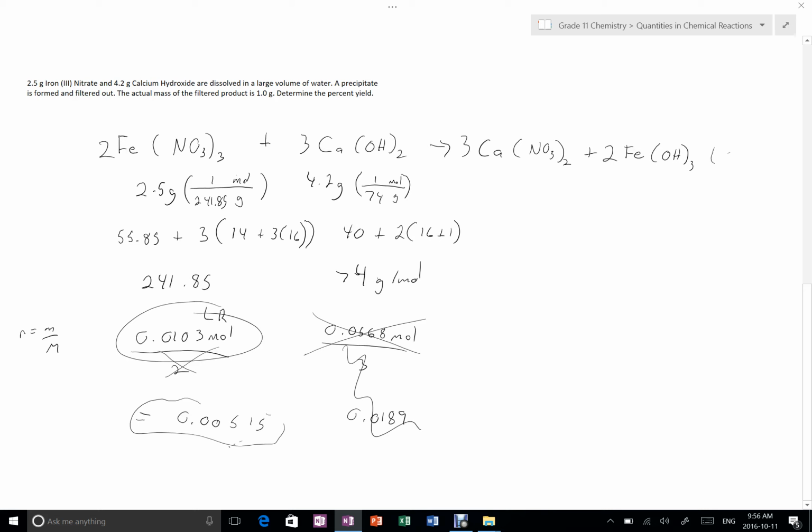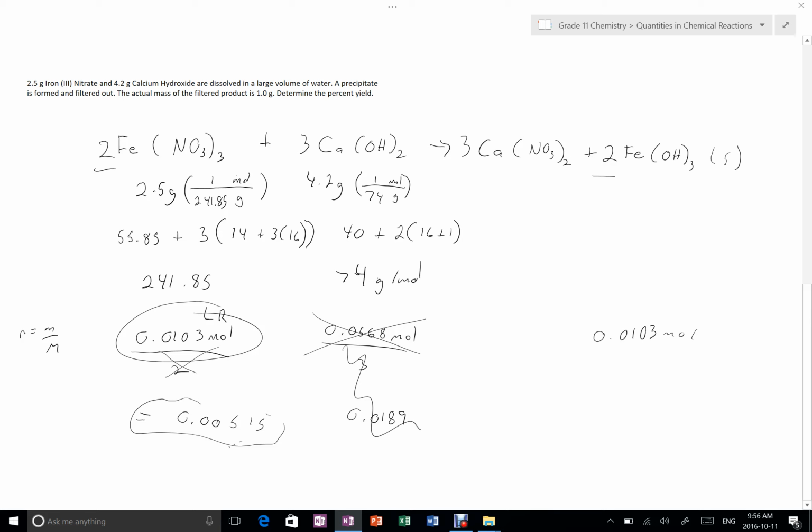The insoluble product I want to predict is this iron hydroxide over here. It's in a 2 to 2 ratio, so that is the same as 1 to 1, so I don't have to do a mole ratio here. I can just jump over here and get 0.0103 moles of that. I want to know what mass of iron hydroxide I'm going to make.